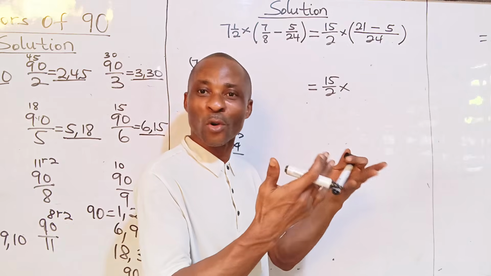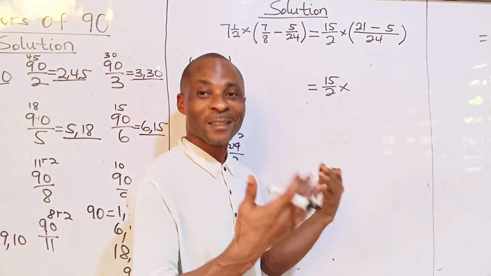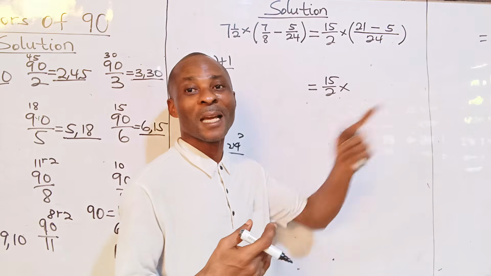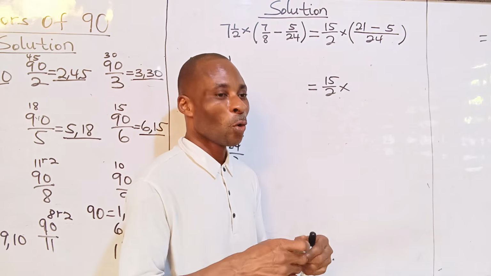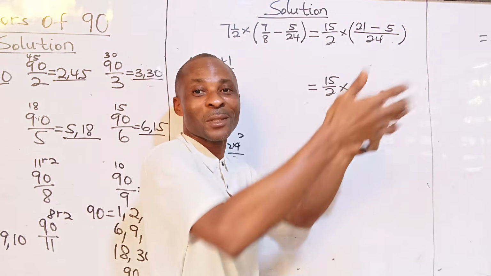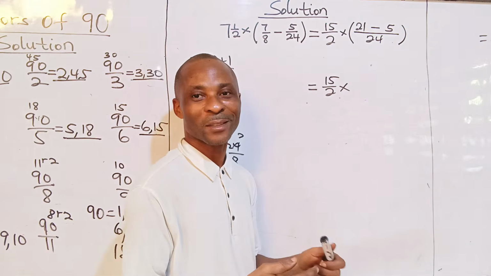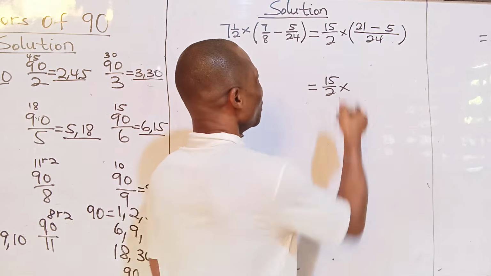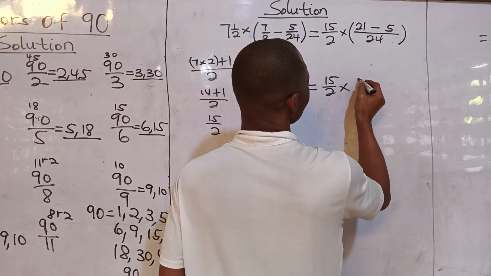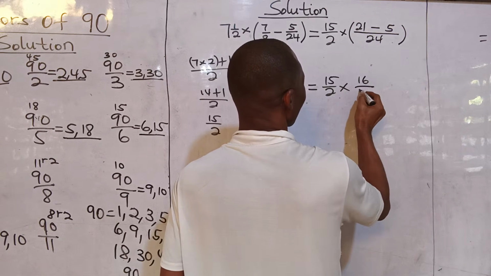When what you owe is more than what you own, you are left with more debt to pay. But if what you own is more than what you owe, then when you pay your debt, you still have some left for yourself. So 21 minus 5 will give us 16 divided by 24.